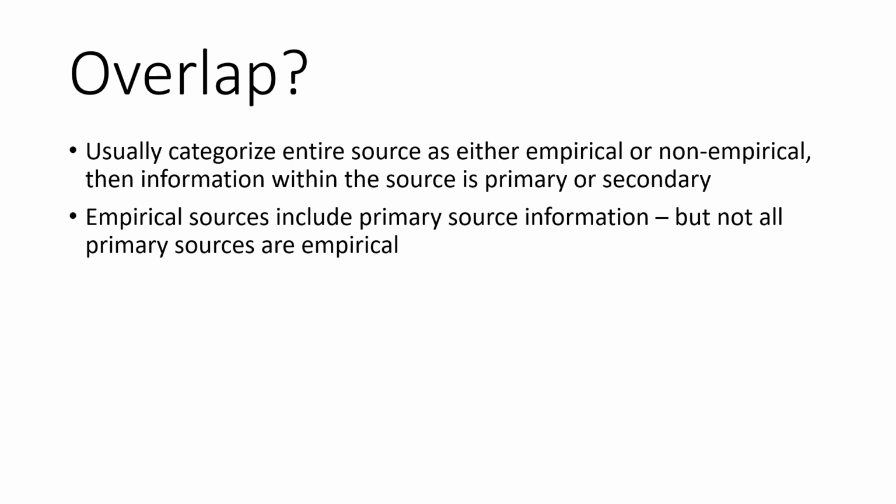Within that article, the method and information about the results of the study are primary source information. Other parts of the article are secondary source information because they provide context for the study by referring to other studies and theories. That said, we do know that empirical sources will include primary source information. Not all primary sources are empirical, though, because a non-empirical source can present a new theory or idea for the first time. If that seems about as clear as mud, I hope it makes a little more sense after you look at the examples in the activity with this module.